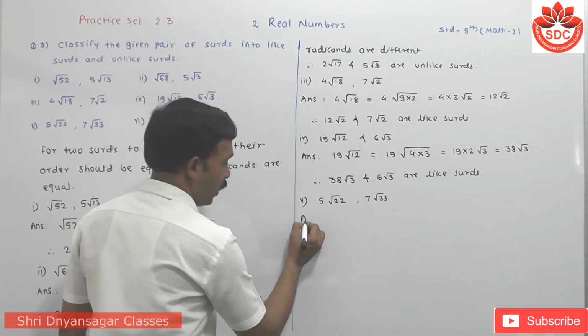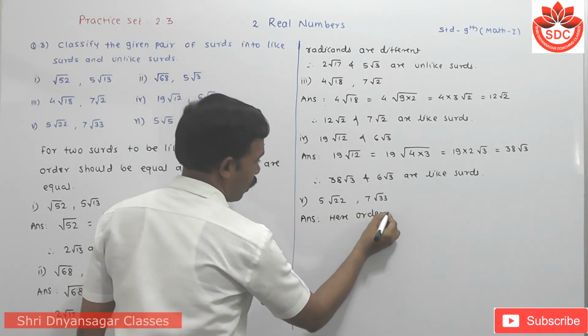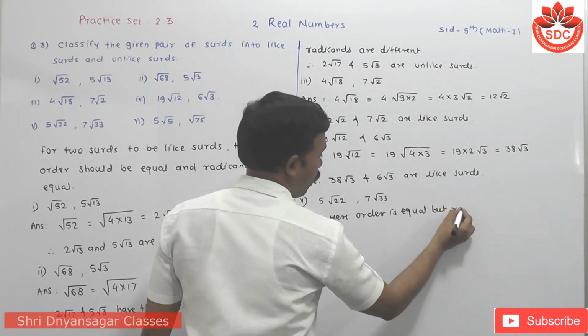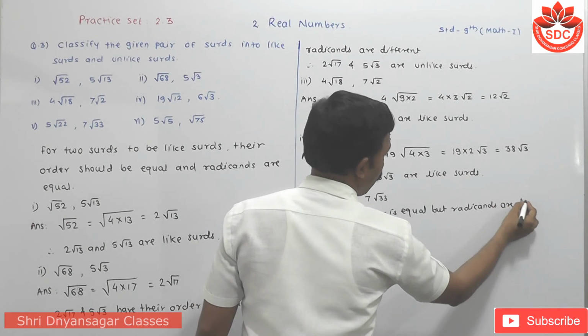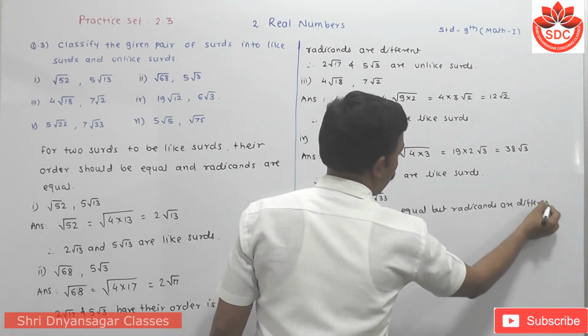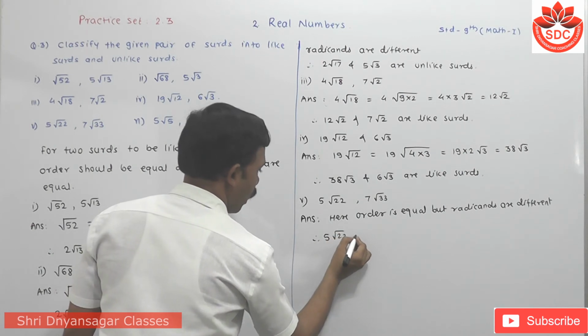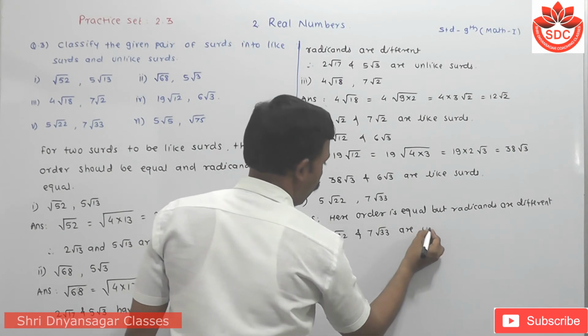Here the answer I will write: order is equal, but radicands are different. Therefore, fifth root of 22 and seventh root of 33 are unlike.